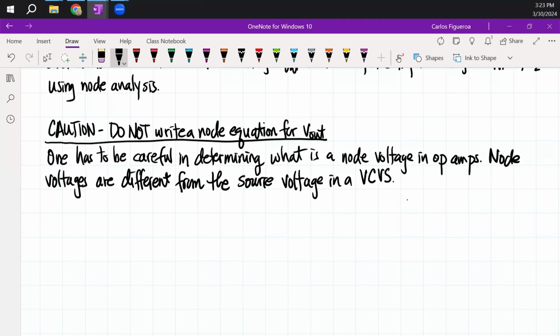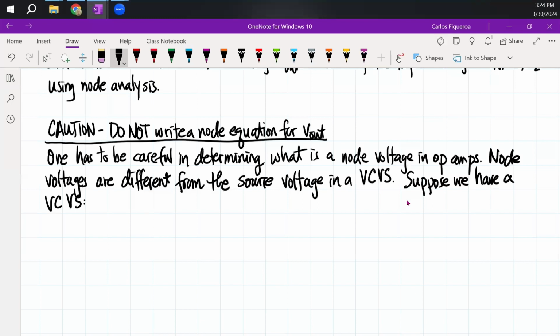So let's look at this thing. Suppose we have a dependent source, a voltage controlled voltage source.